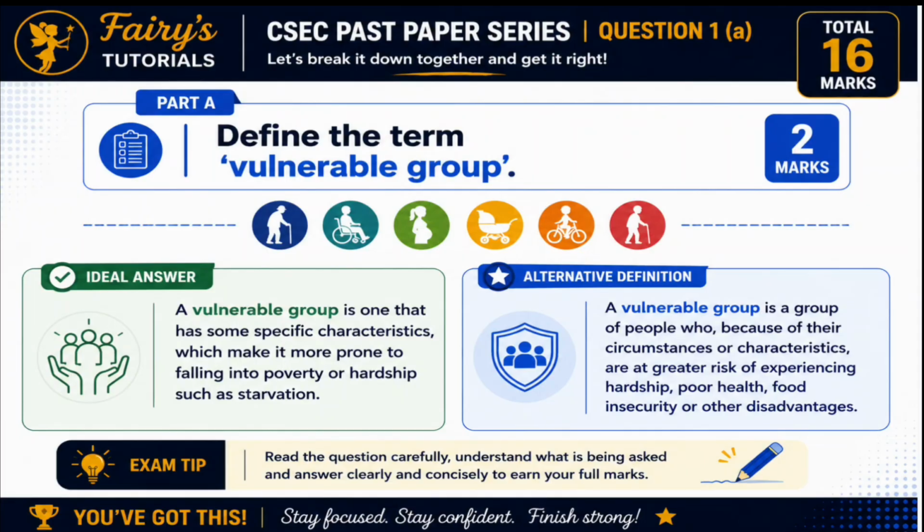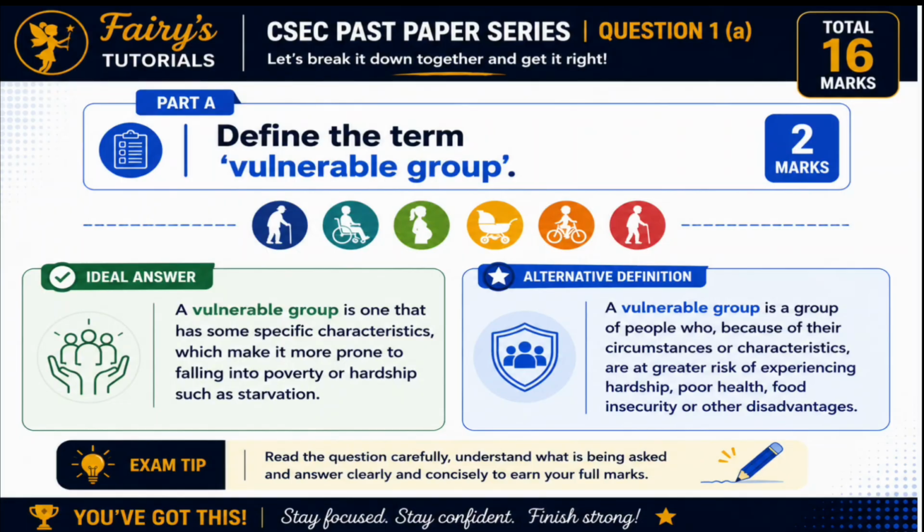Now, this definition is worth 2 marks, so make sure that your definition is adequate enough. At least have 2 points in your definition so that you can get your full marks, right? So for instance, looking at our ideal answer, a vulnerable group is one that has some specific characteristics. Now, there and then you would have gotten 1 mark.